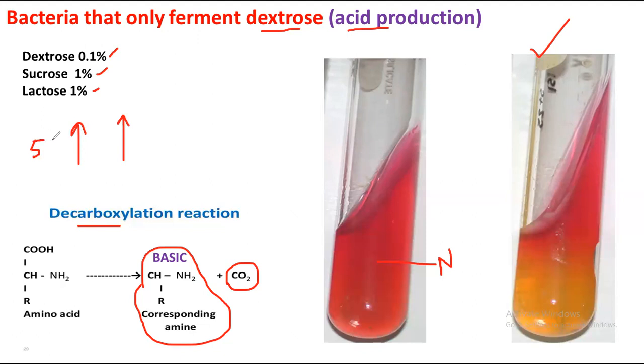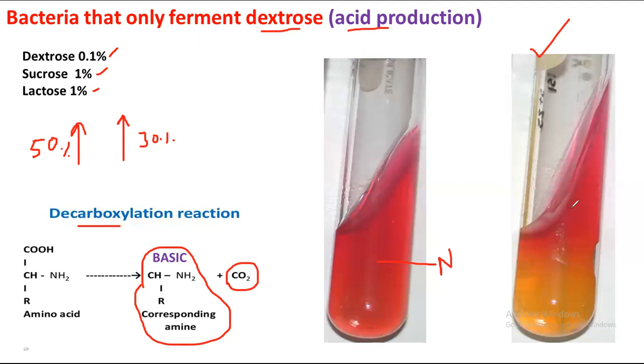For example, if the acid is 50%, the amine being produced is about 30%. But when there is alkali and acid, they neutralize each other's effect. This is why such a result is present.